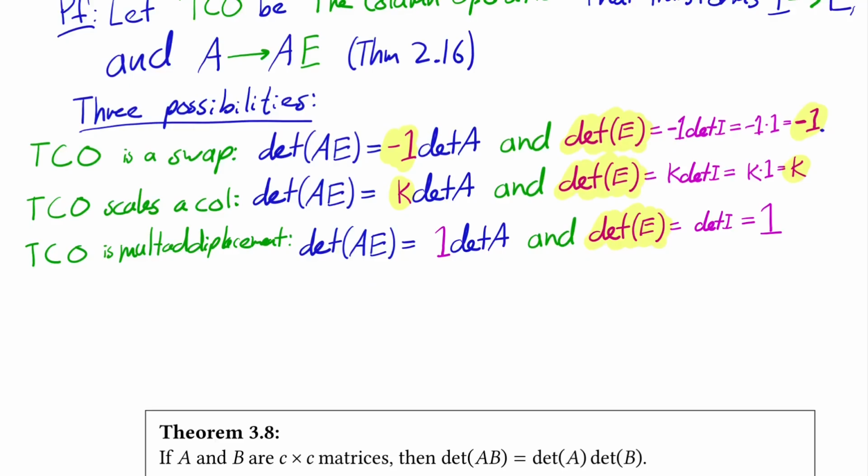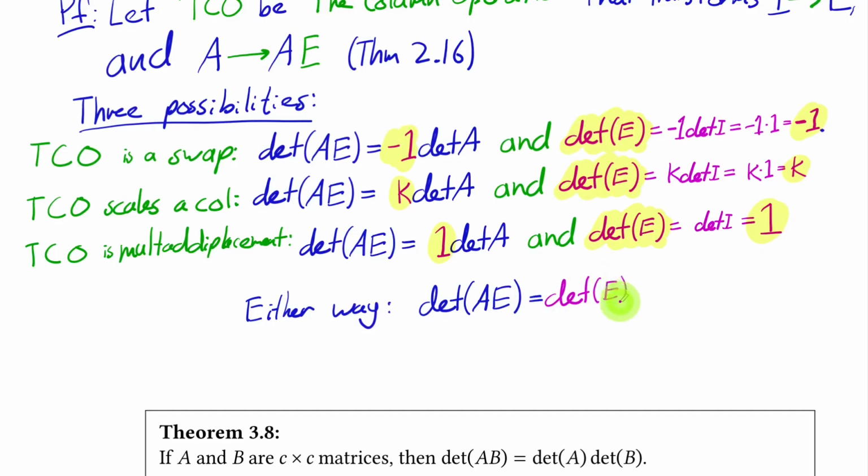So the determinant of AE is 1 times the determinant of A because it's unchanged, and that's the determinant of E. So either way, the determinant of AE is equal to the determinant of E times the determinant of A. And that's what the theorem says.